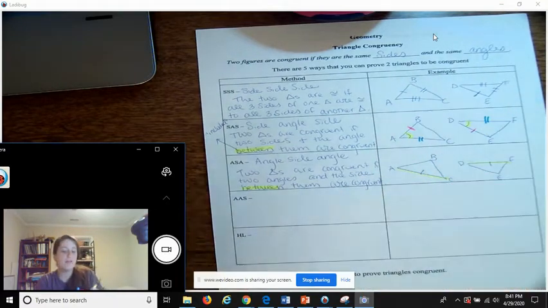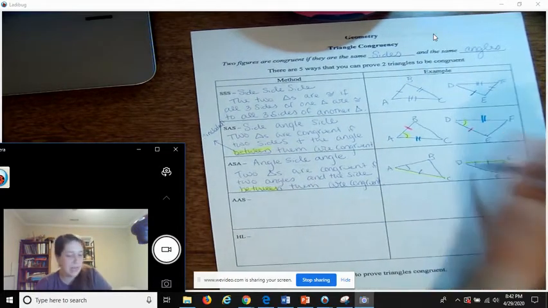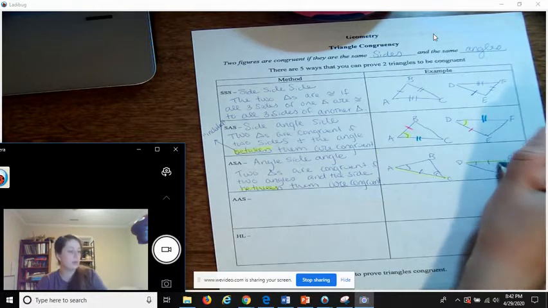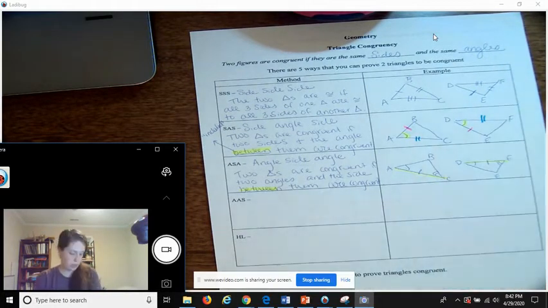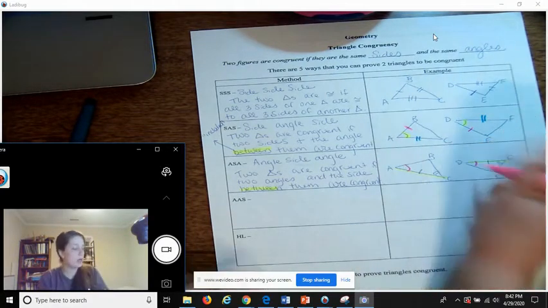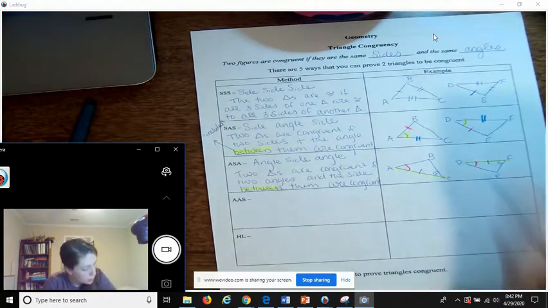Okay, and then we have the angles on either side of those congruent. So A congruent to D and C congruent to F. So A and D correspond and are congruent, and C and F correspond and are congruent.